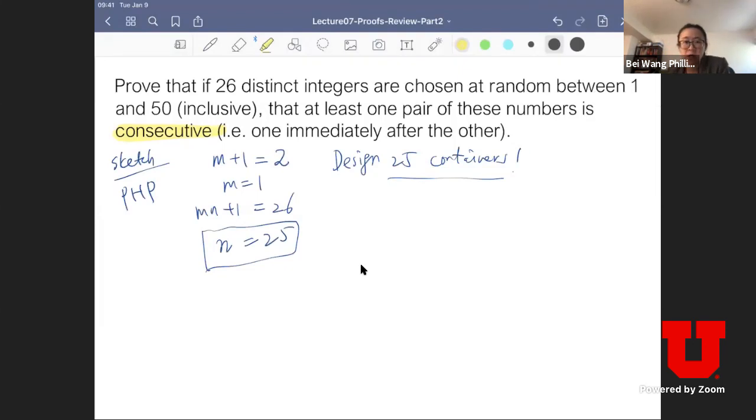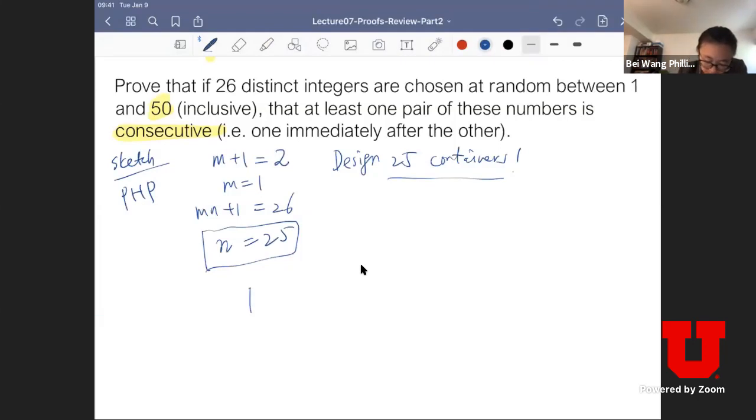All right. So what can we do? Okay. So it turns out I can design, because I'm drawing numbers from 1 to 50, containers so that each container has a pair of consecutive integers.